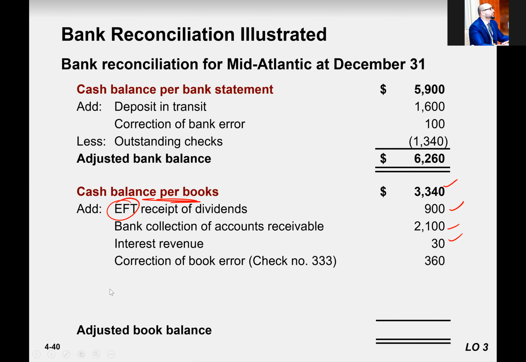So you see the correction here? You write the correction down here. But the bank didn't do that. Why? Because the bank corrects itself. And less the service charges, because you didn't know that unless you saw the bank statement. And also the NSF check. You cancel that check.